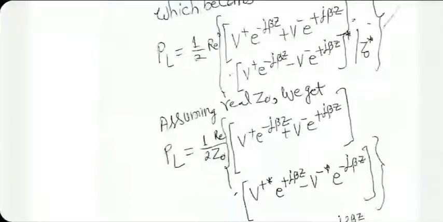Now, if you do this operation carefully, the first term in the first parenthesis is V plus e to the power minus j beta z. That gets multiplied to the complex conjugate of the second term of both the terms in the second parenthesis. So the first term in the second parenthesis will have the value V plus complex conjugate e to the power plus j beta z.